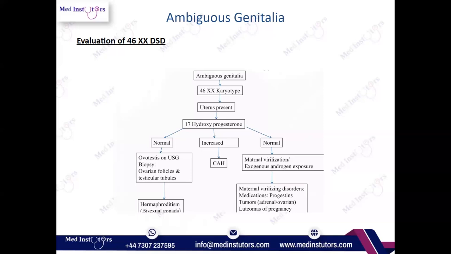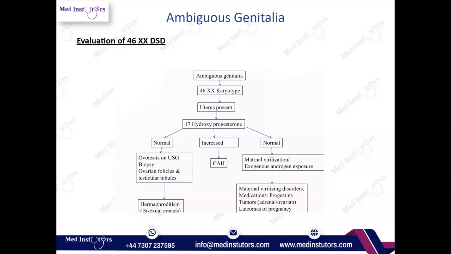Now imagine you are working in obs and gynae, and you deliver a baby, and the nurse comes to you and says the baby's genitalia are not yet clear. So now you assess the baby. You know the criteria now for categorizing a baby with ambiguous genitalia. So what would be your next step?